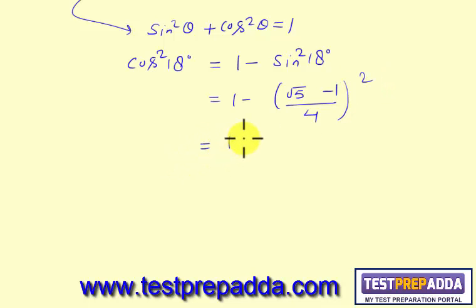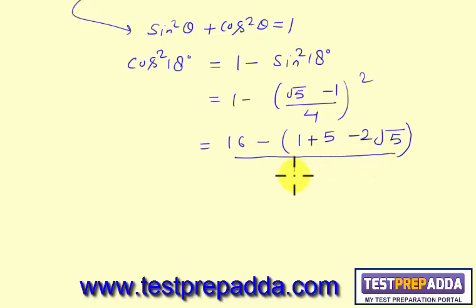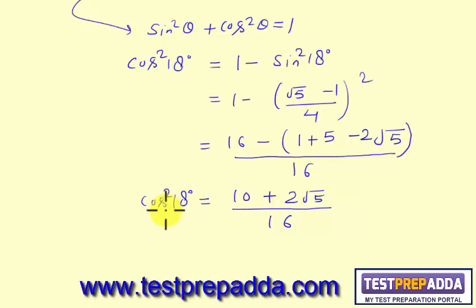Now it becomes 16 minus, inside the bracket, 1 plus 5 minus 2 root 5, upon 16. So the result comes as 10 plus 2 root 5 upon 16. This is cos square 18 degree. Now we have to find the value of cos 18 degree.